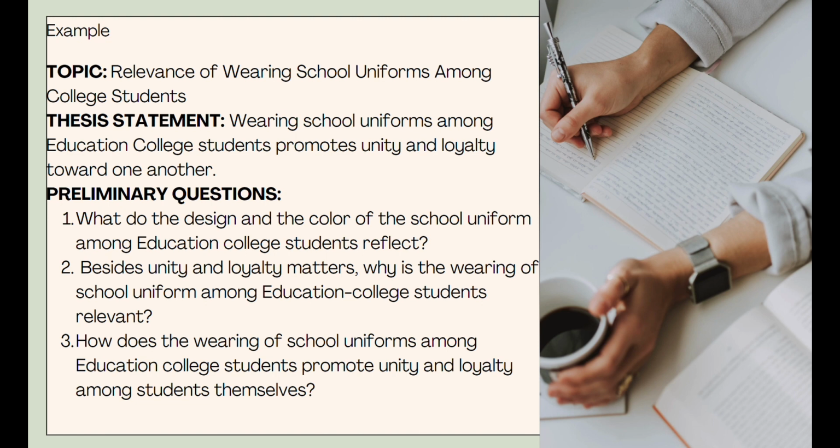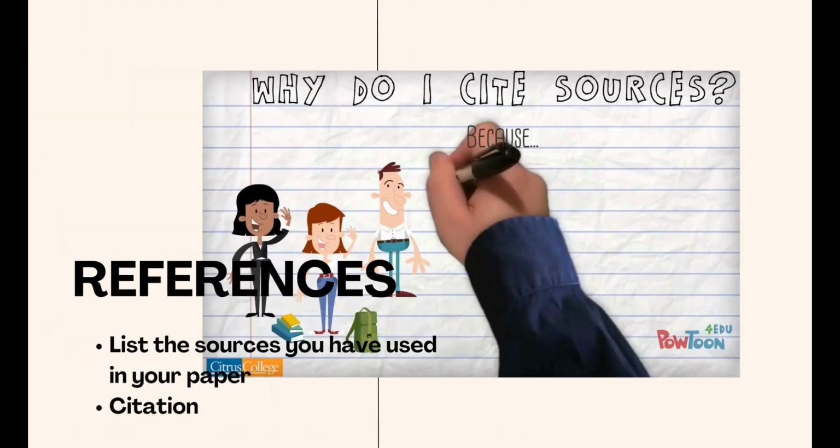Okay, now let's talk about the references. You put your references at the end of your paper. Of course you can cite your resources within the paper itself, which is what we call the in-text citation.